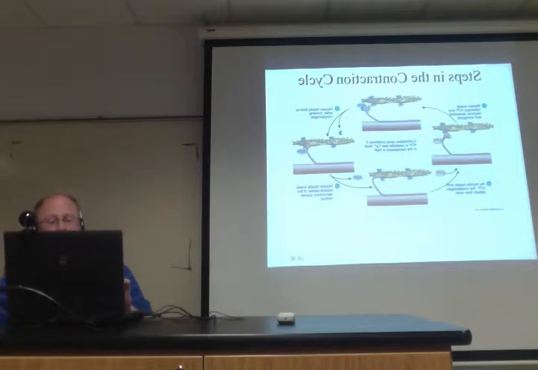After the cross bridge is formed, we have a ratcheting type motion where this myosin head is going to rotate toward the middle of the sarcomere, and this is the power stroke, as these filaments are literally sliding past one another.